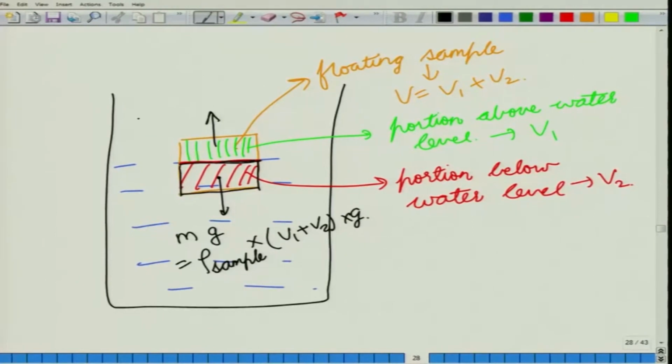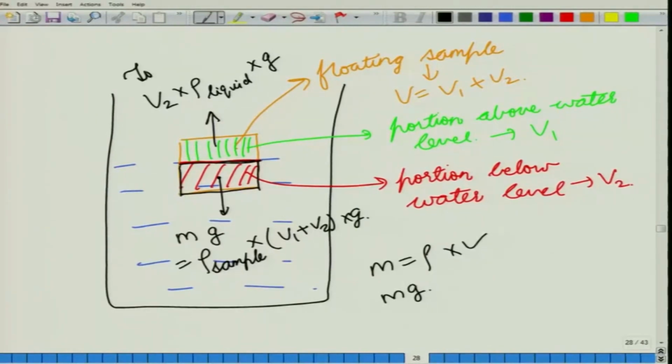So, it is V2 into the density of the liquid. The mass is equal to rho into volume, and the weight is given by m into g, so multiplying this by g will give us the upward acting force. So, this is the force upwards and this is the force downwards.